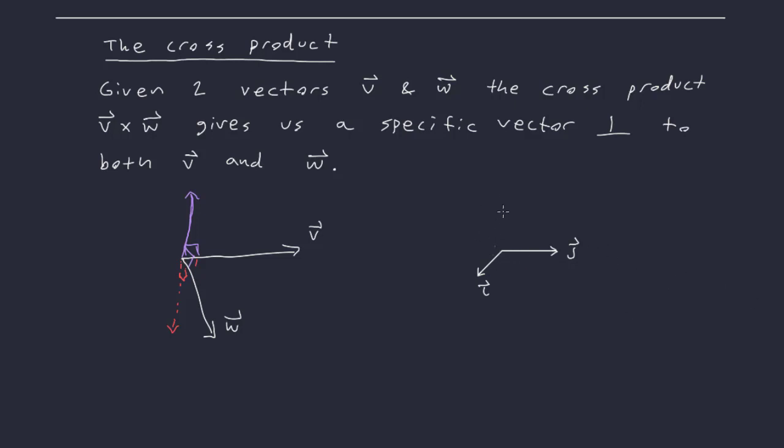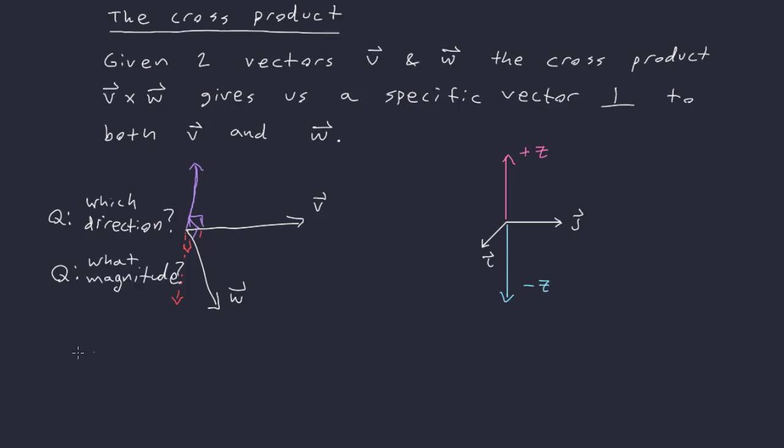We have two directions that are going to be perpendicular to both: the positive z and the negative z. Okay, so which one does the cross product give us? Once we have the direction, the next question is what's the magnitude?